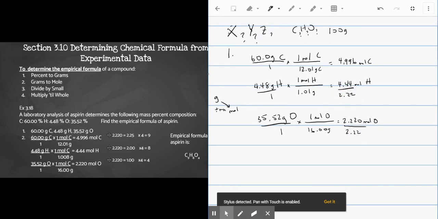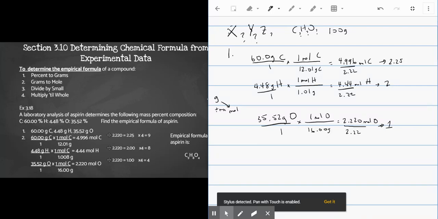Dividing 4.996 by 2.22 is going to give me 2.25, almost exactly. This one is 4.44 divided by 2.22, which gives me 2. And the oxygen is the number divided by itself, so this is going to be 1. There are some more digits here, but it's pretty close to 2.25.